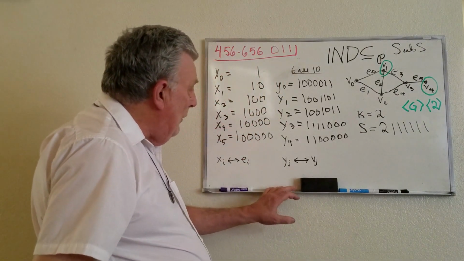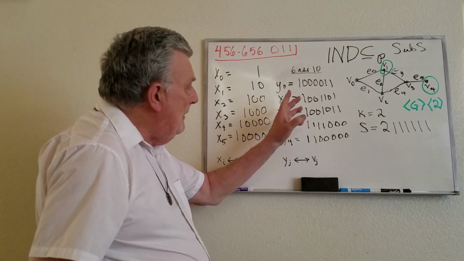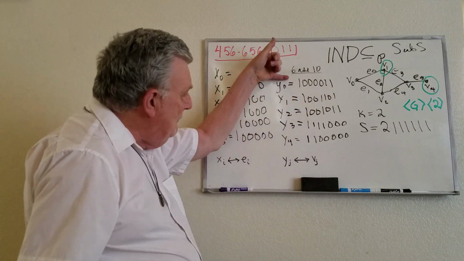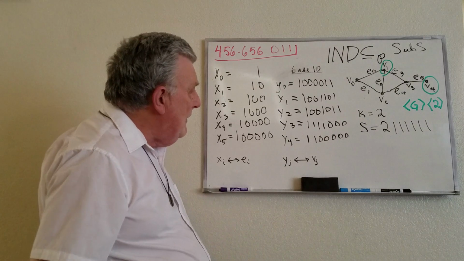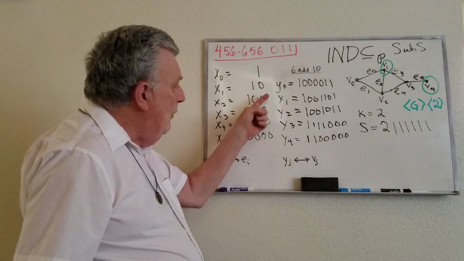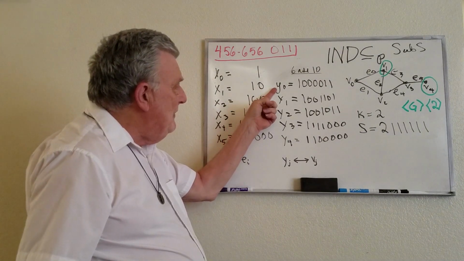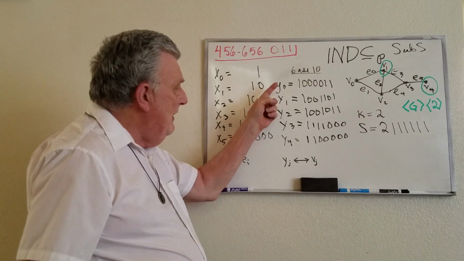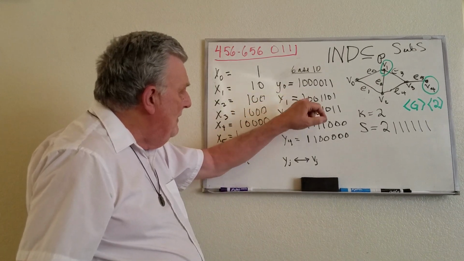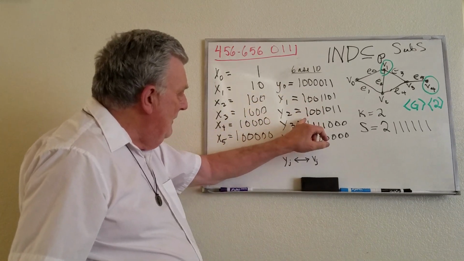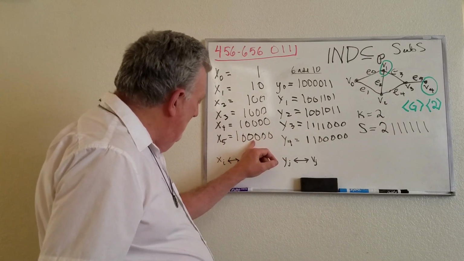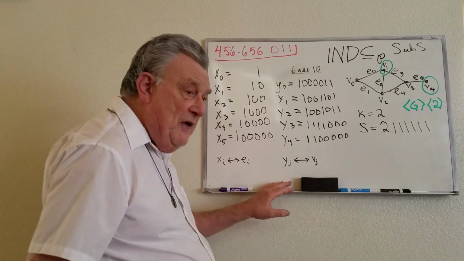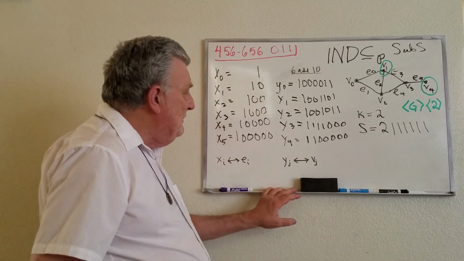All right, now the question is, how do you develop these numbers? You get those by looking at the graph. Y0 corresponds to V0. And each of the y's has a 1 in the millions place, the 10 to the 6th place.